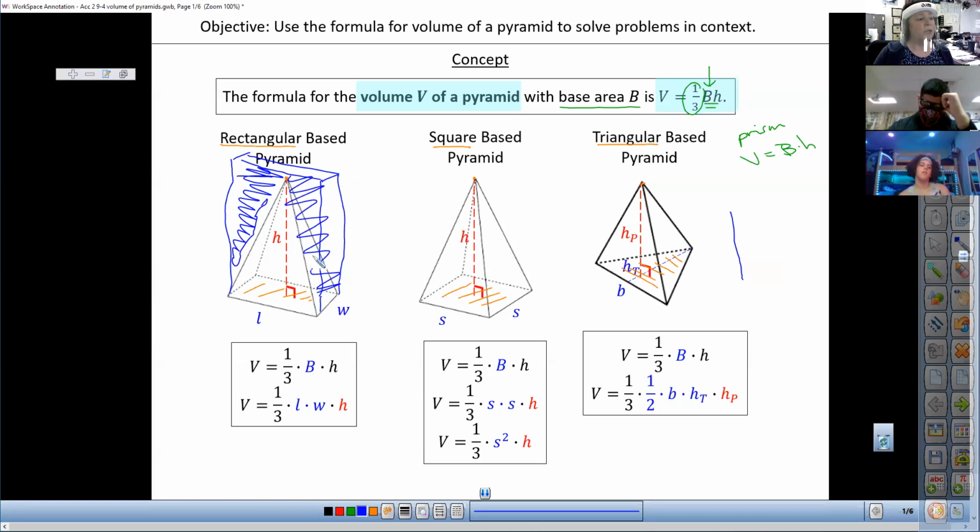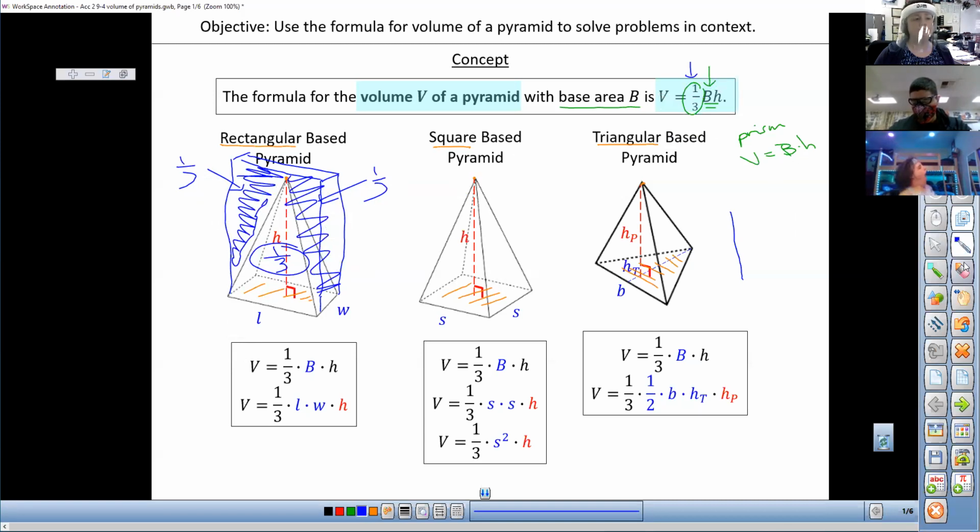And so that would leave 1/3 of the prism left. So this is like 1/3 of it. And what's left for our pyramid is 1/3 of what we start with. And so that's where this 1/3 comes from. Because if we start with a prism and cut things away to create a pyramid with the same base, then we'll have 1/3 of the original volume.